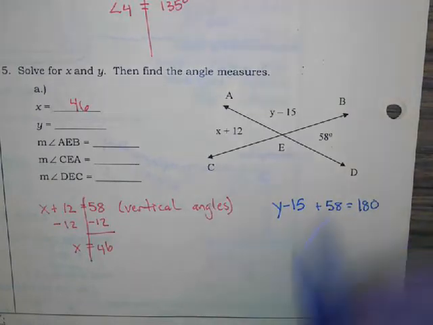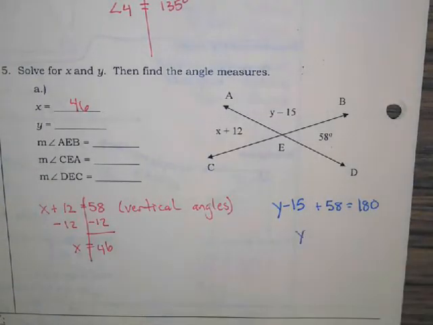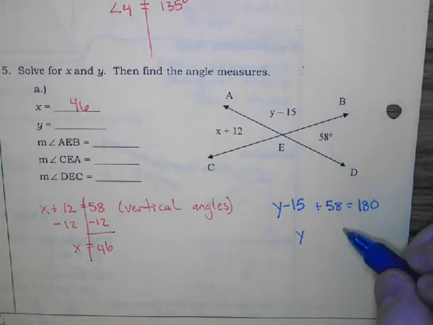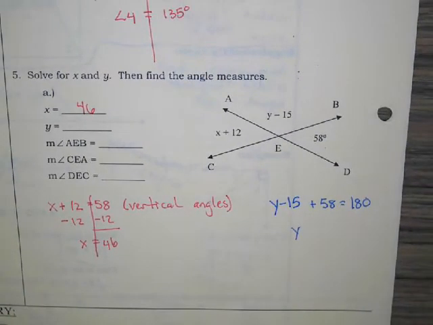So now I combine my like terms. I have different signs, so I need to subtract these numbers. 58 minus 15 will be 43.